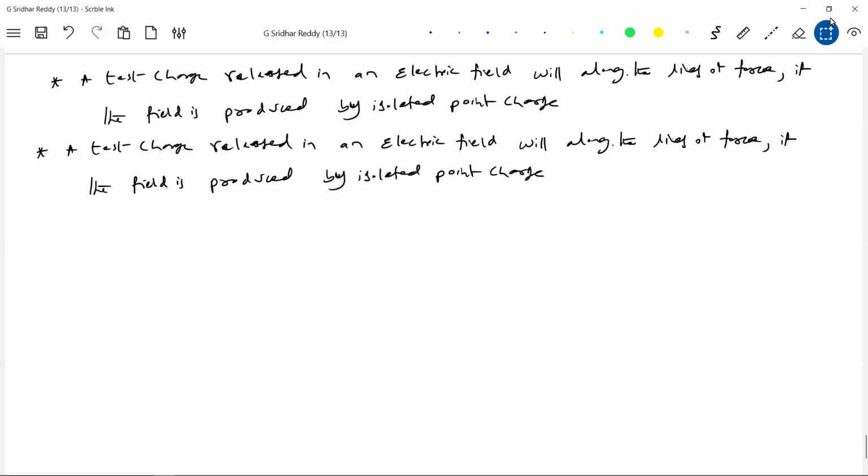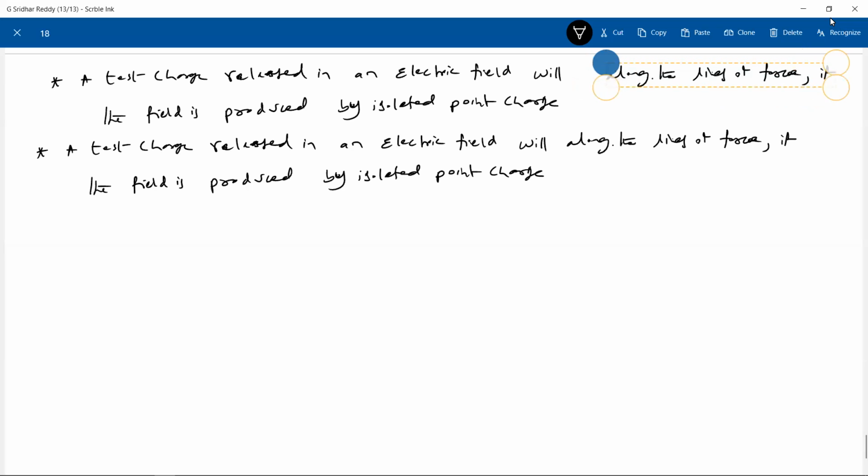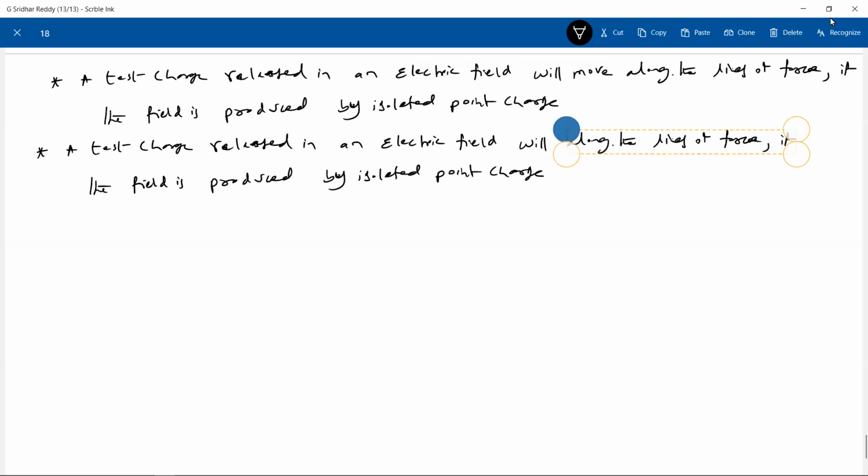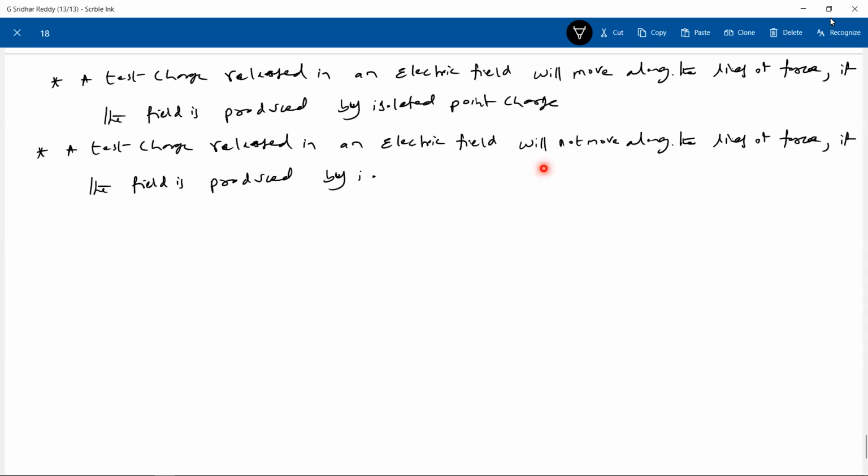A test charge released in an electric field will not move along the lines of force if the field is produced by a charged body.